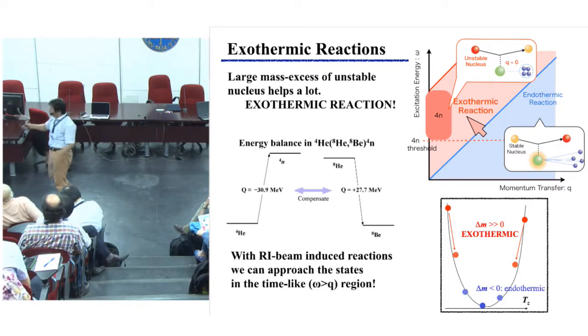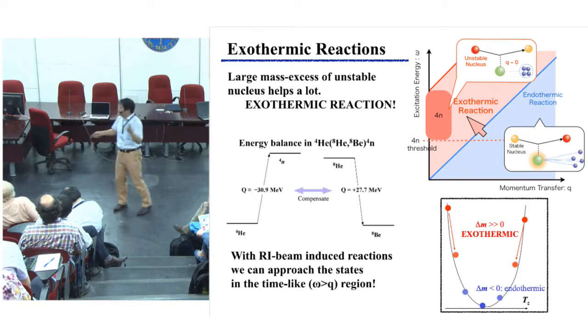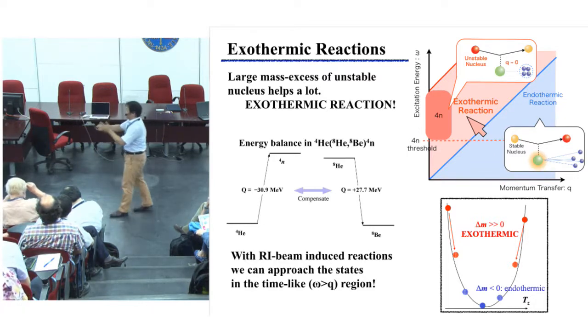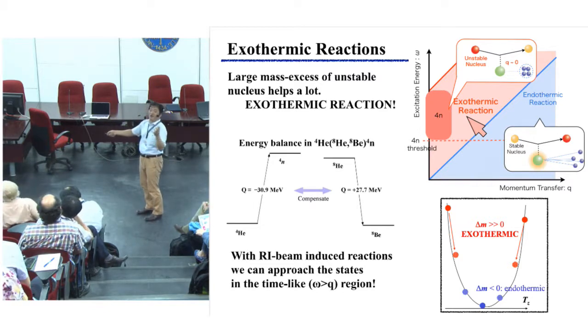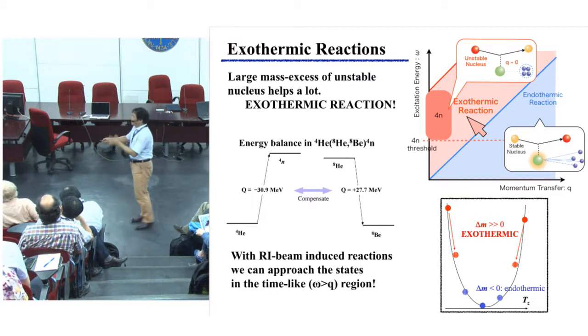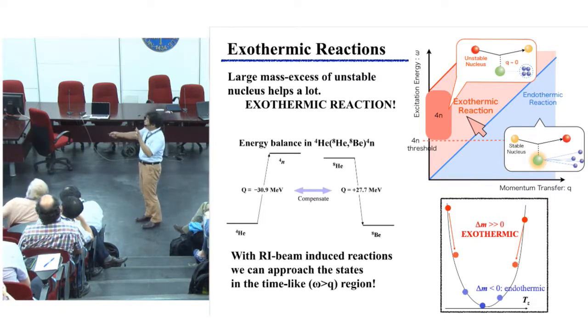The tetraneutron is a very fragile system, and if we add a large momentum transfer, it will be easily destroyed. What we have to do is excite a highly excited state in a recoilless manner. With a stable target we cannot do this, because it is always an endothermic reaction, and the available region is limited here.